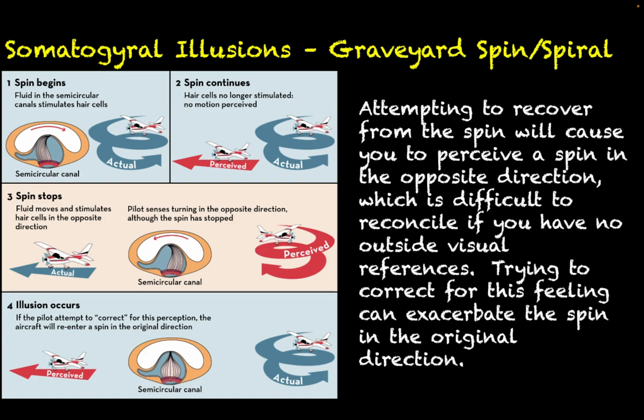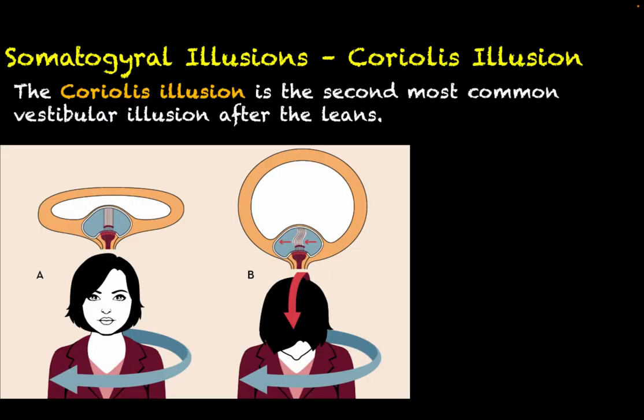But the graveyard spiral is a very challenging thing and a very real threat as far as spatial disorientation goes, if there are no outside visual references. So trying to correct for this feeling can exacerbate the spin in that original direction. And as we said, if you're only trying to correct altitude by pulling up on the yoke, that causes that spiral to tighten up and become faster and faster.